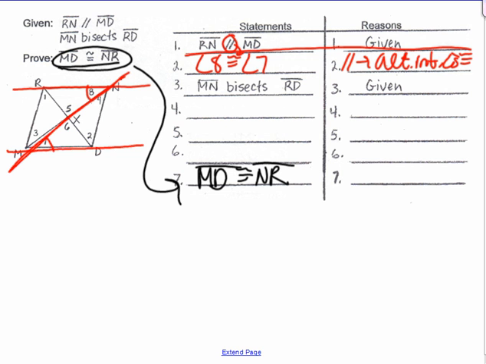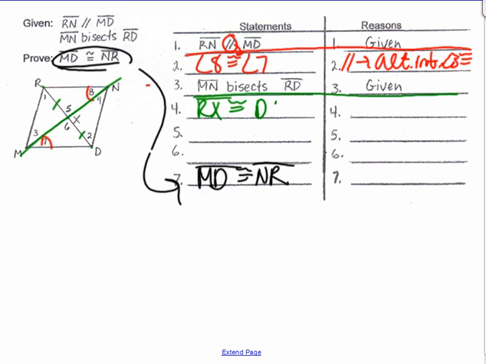Congruent part, move on to green. MN bisects RD. So the definition of a bisector is cutting into two congruent parts. So if it's a segment it's cutting, this is going to make segments congruent. So I'm going to say RX is congruent to DX by the definition of a segment bisector.